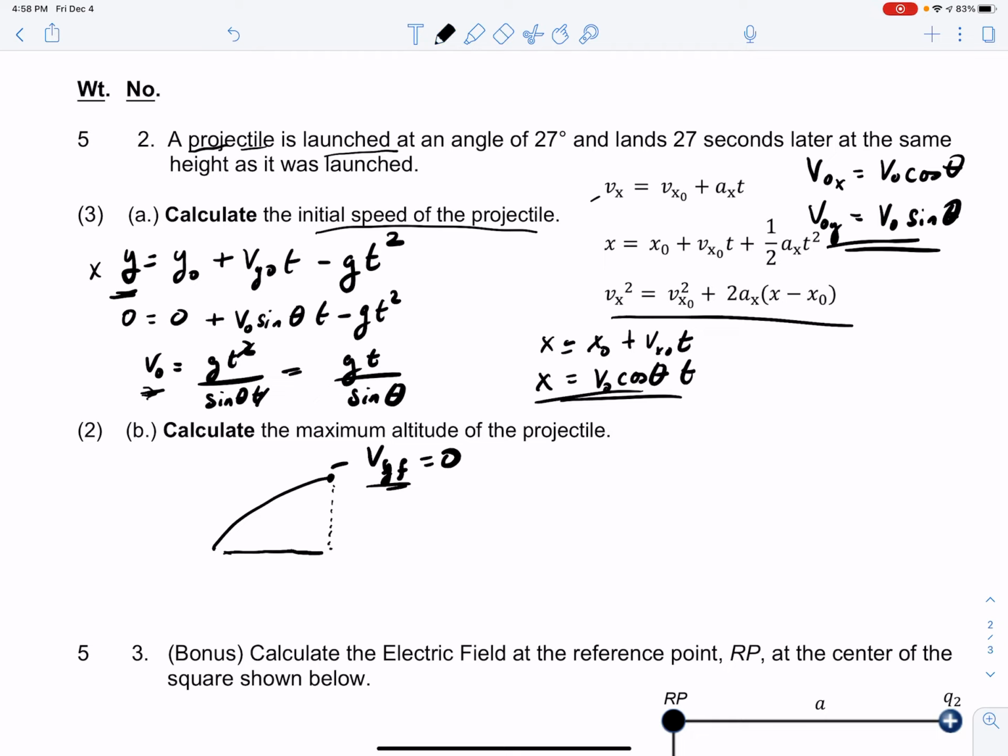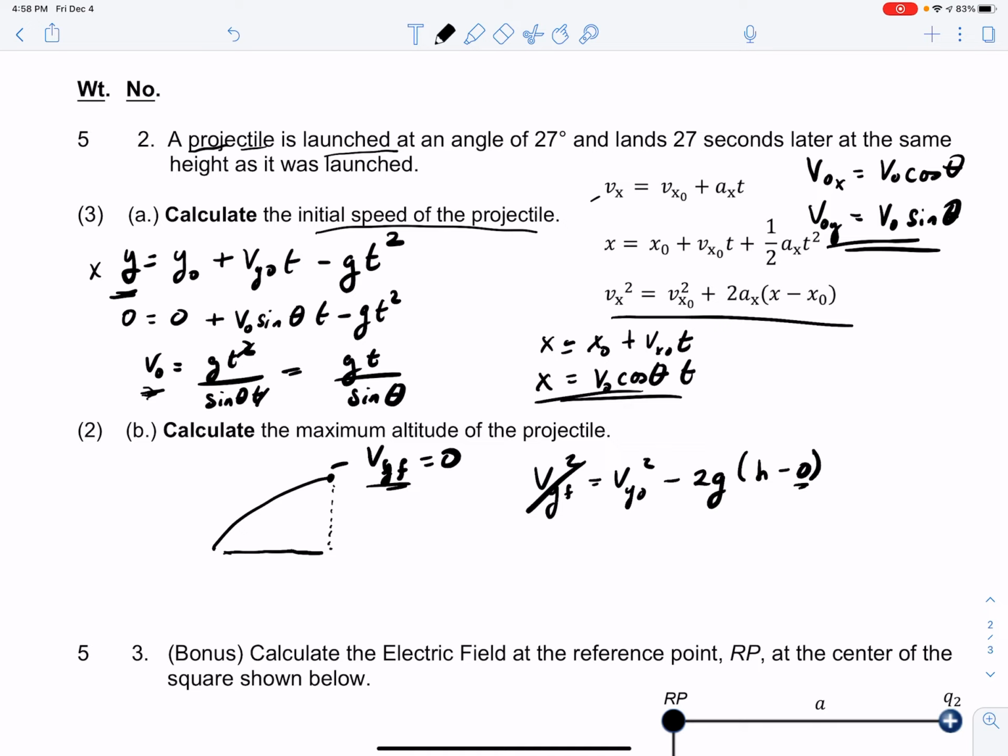So velocity final y squared equals velocity initial y naught squared minus 2g, because it's acceleration under gravity, times the height minus 0, because 0 is where the starting point is.